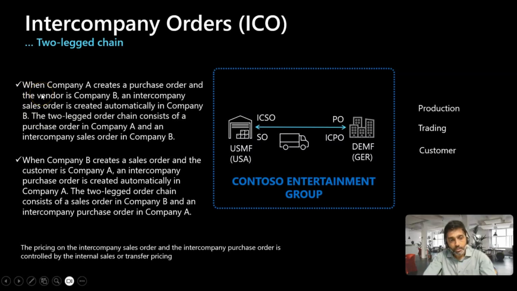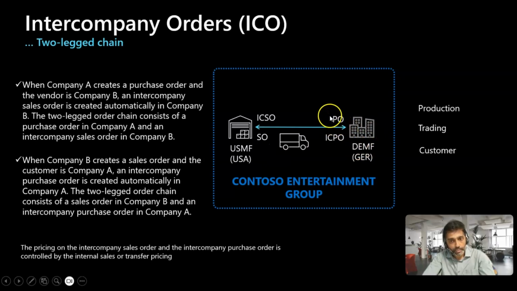So first of all, what is a two-leg chain process? When company A creates a purchase order and the vendor is company B, an intercompany sales order is created automatically in company B. The two-legged order chain consists of a purchase order in company A and an intercompany sales order in company B. For example, let's say company A is DEMF and company B is USMF.